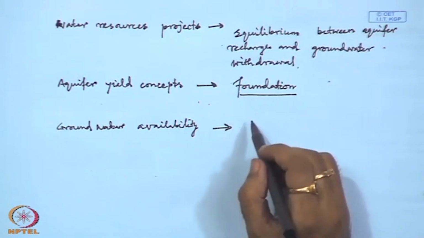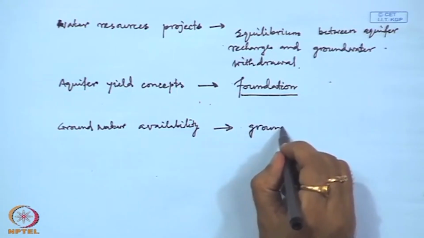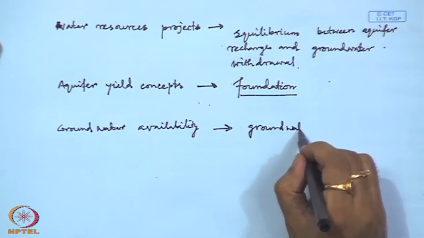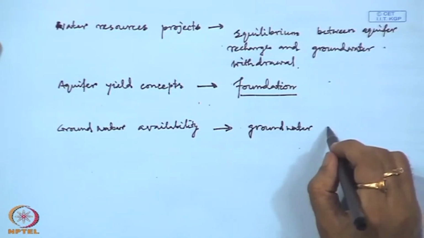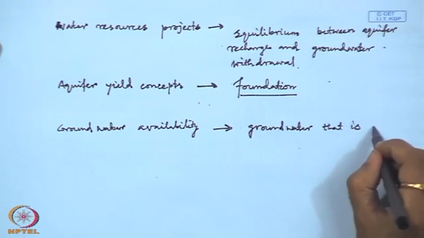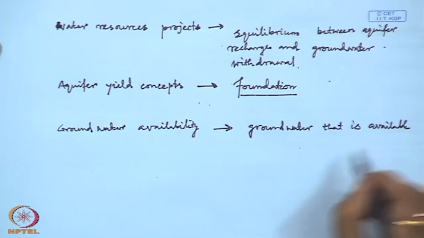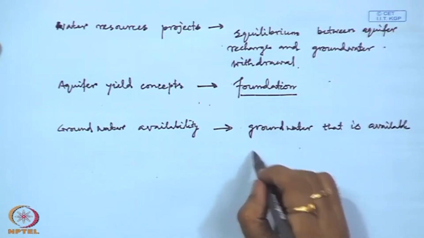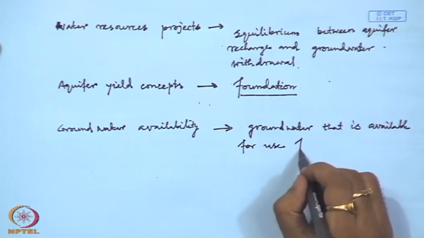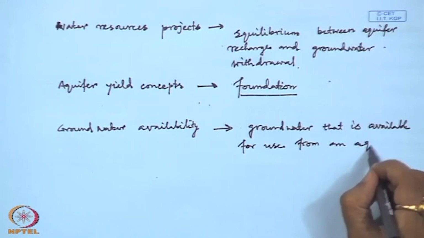So, this is mainly groundwater that is available for use from an aquifer.